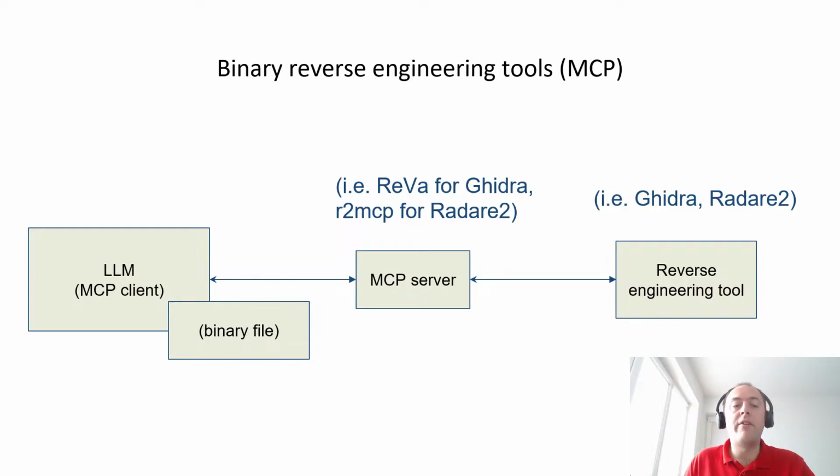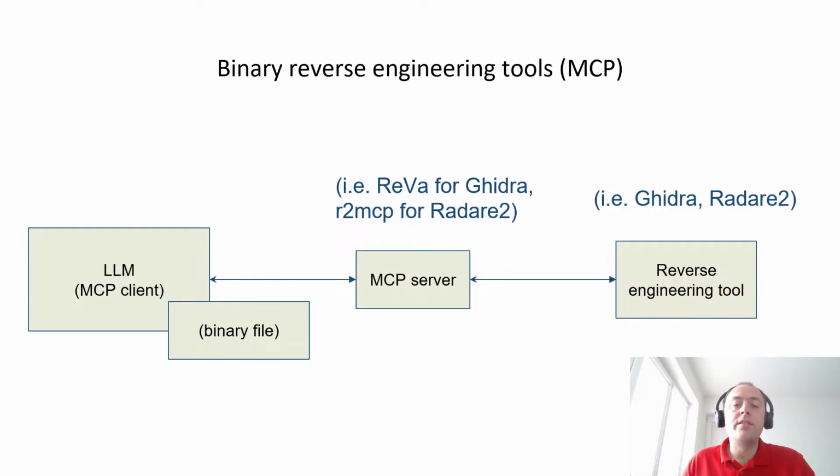So when we provide, let's say, some binary file, like an executable file or some other format of a binary file, the LLM does not know how to decompile these binary files properly. So it calls first, through the MCP server, the particular tool like Ghidra or Radare2, which performs the decompilation process.